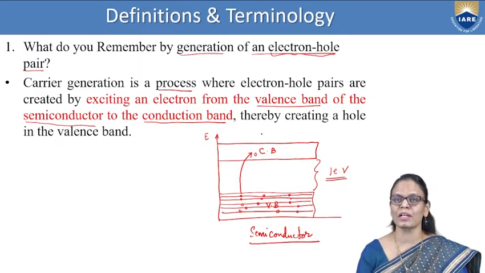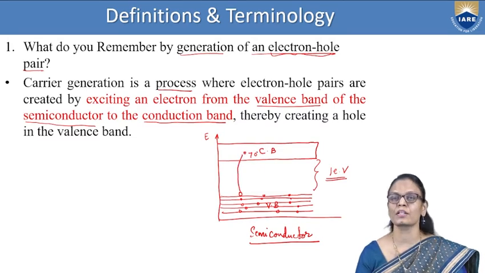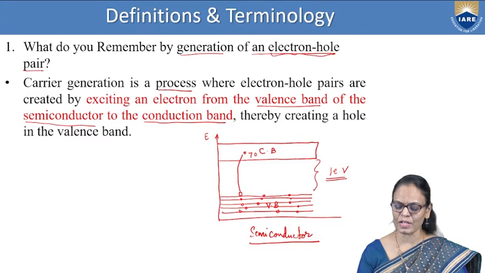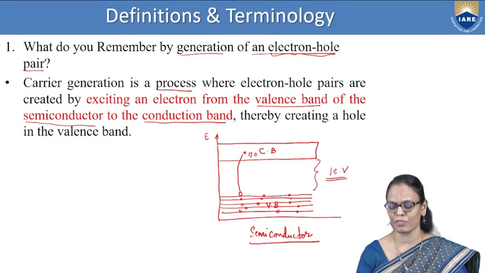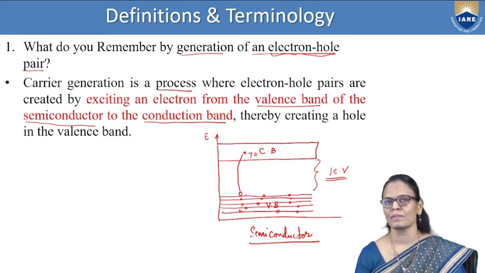Suppose this electron has gone here. In the place of this electron, we will have a hole, because this electron has gone to the conduction band. So whenever an electron moves from the valence band to the conduction band, a hole is generated here in the valence band.